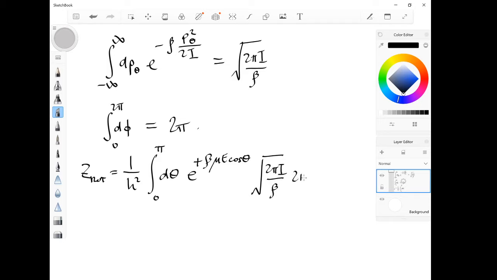We have another 2 pi. And we also have the 2 pi I on beta sine theta from the other integral. And so that is now going to come out as 4 pi squared on h squared beta times I. You could write that as a h bar squared if you'd like.